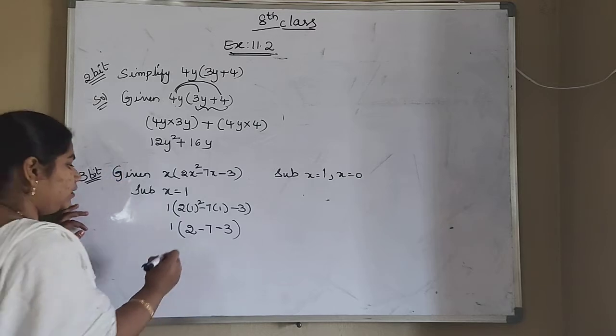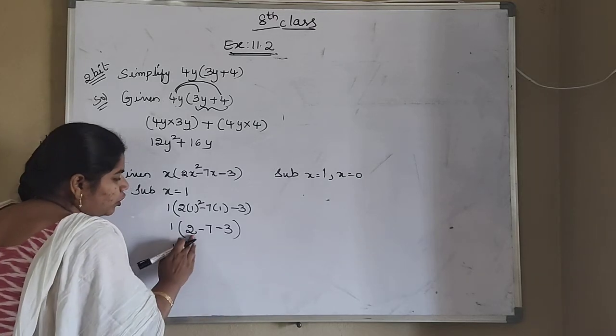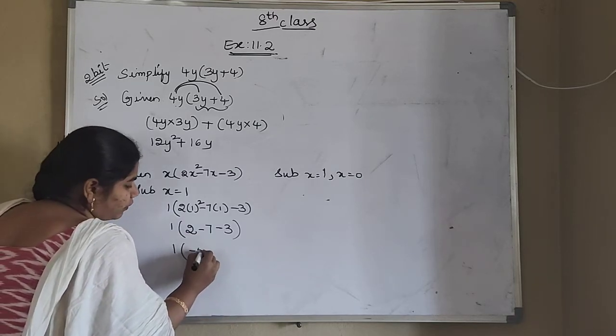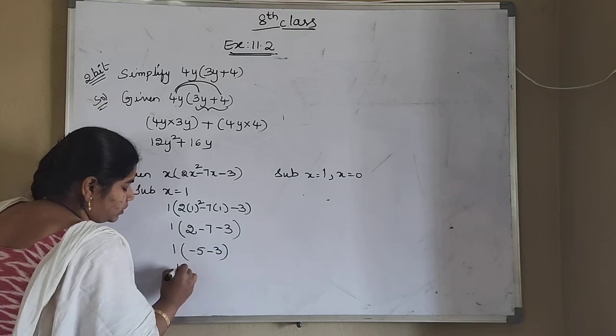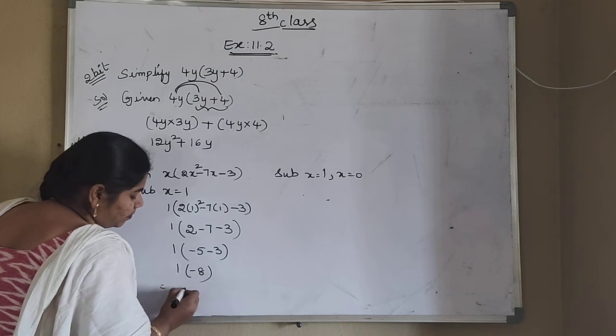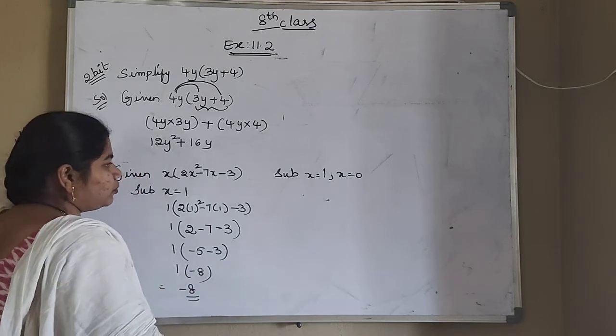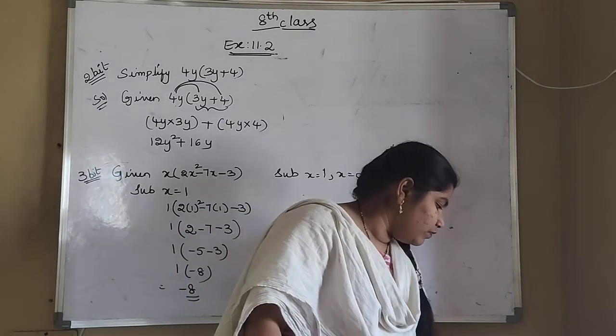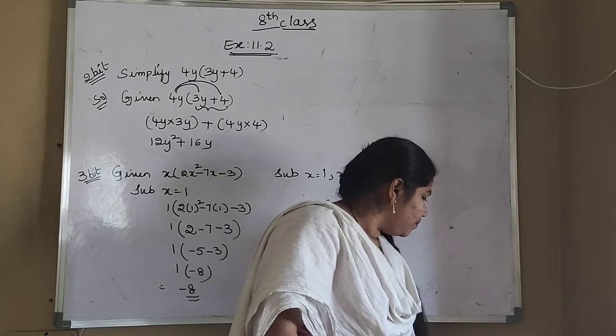So 1 into 2 minus 7 will be minus 5, minus 3, so that will be minus 8. So 1 into minus 8 will be minus 8. So if you substitute x as 1, you get the result minus 8.